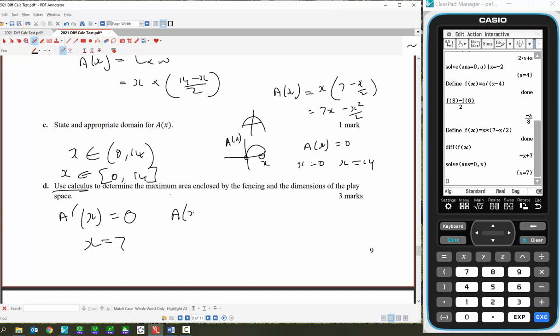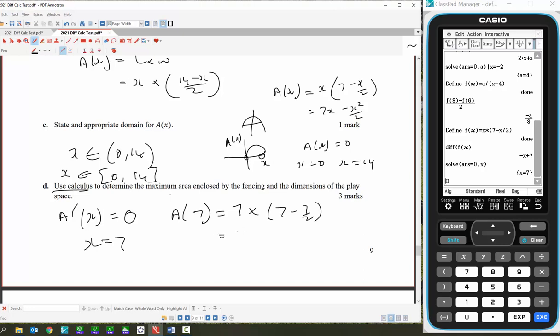Okay, so use calculus to determine the maximum area enclosed. So A of x equals A of 7 equals, we're going to pop it into here, 7 times 7 take away 7 on 2. It's probably an easier function to put it into.